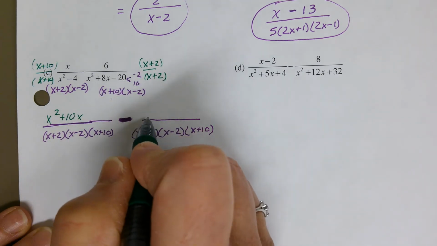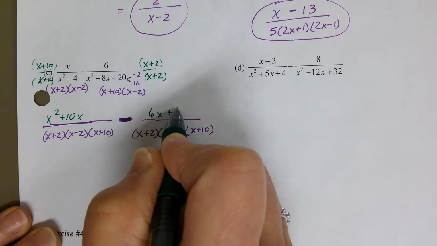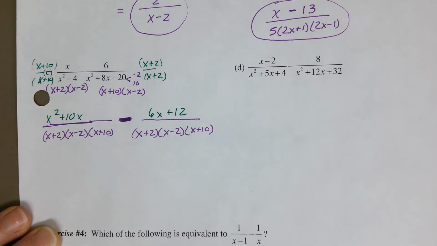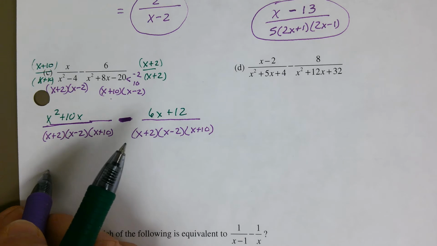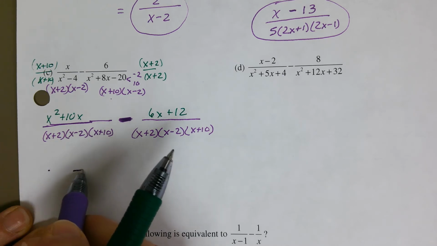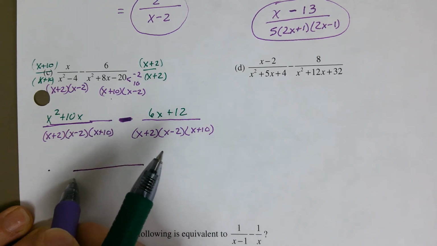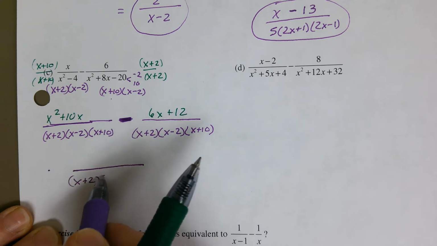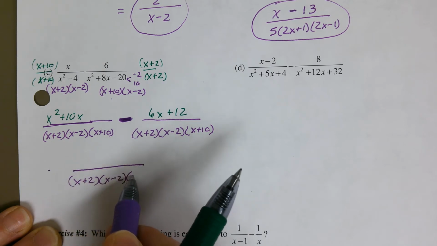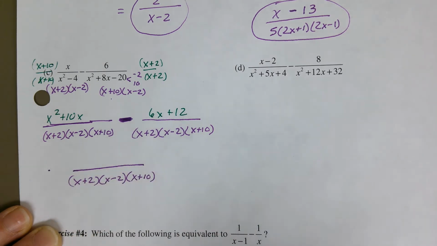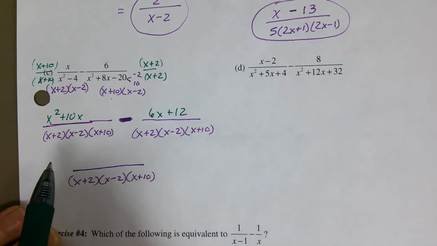And multiplying here, we have 6x plus 12. We have our common denominator, so let's copy it, and then we combine like terms in the numerator.